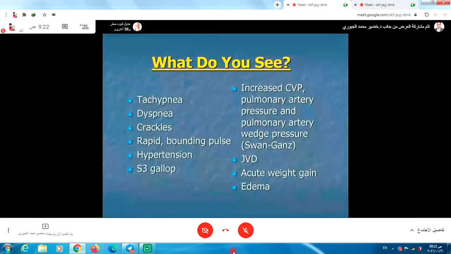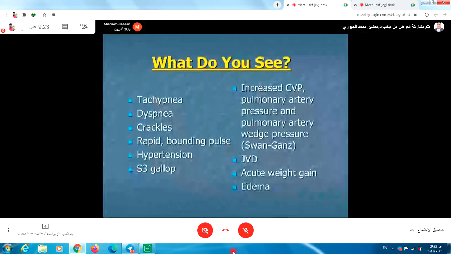What we see in hypervolemia: tachypnea, meaning respiratory rate increases, dyspnea, crackles or crepitation. When you put your stethoscope on the patient's chest you will hear a crackling sound, rapid bounding pulse, hypertension, and gallop rhythm, where you hear a third heart sound, which you will take in the future, God willing.